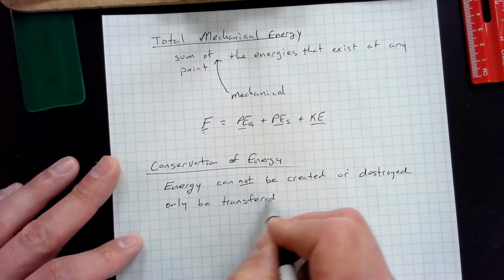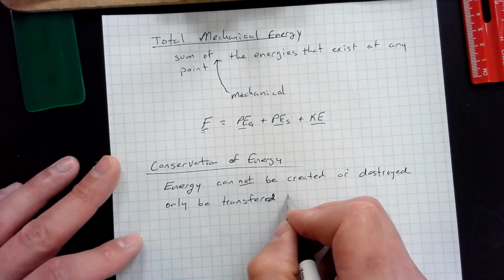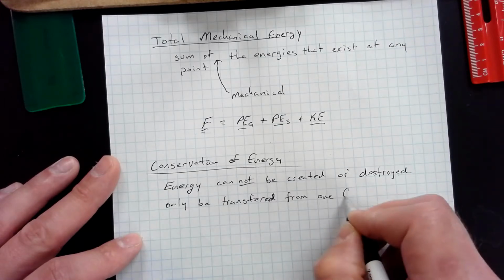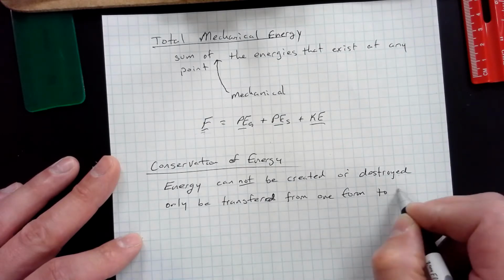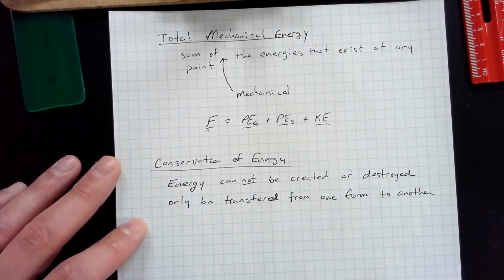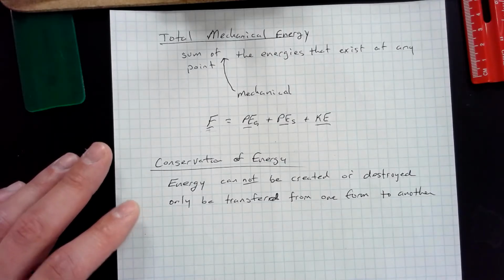Why do I feel like that's wrong? Transfer, it doesn't matter. Transferred from one form to another. And we're going to look at how mechanical energies transform from one to another.